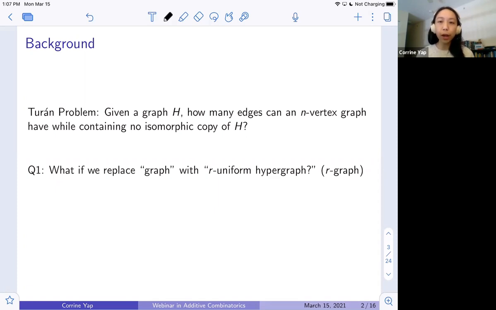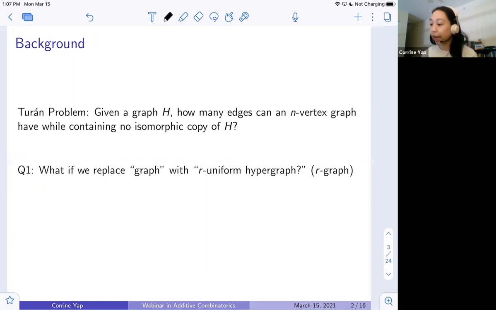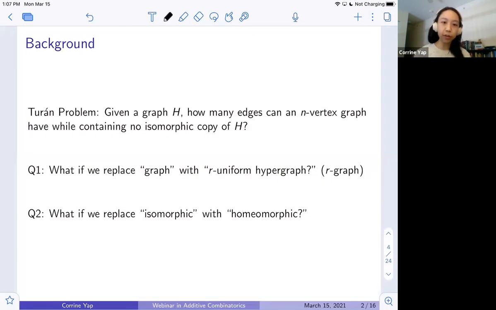I want to take this question one step further and give you a second variant, which is this. What if we replace the word isomorphic with the word homeomorphic? Now, this might seem a little less natural to ask, mainly because I haven't told you what it means for hypergraphs to be homeomorphic to each other.